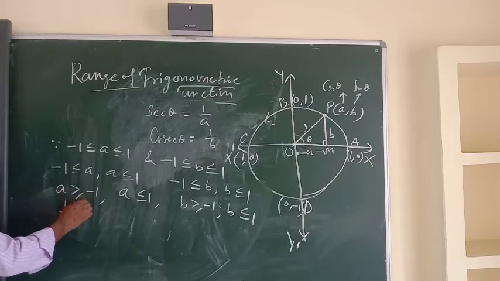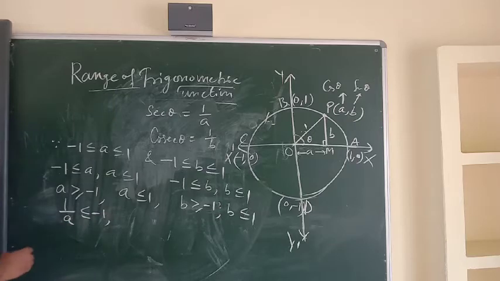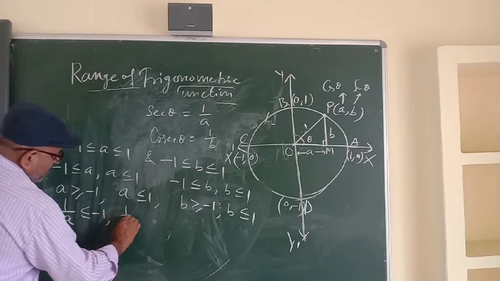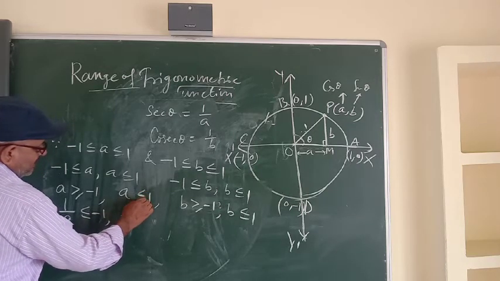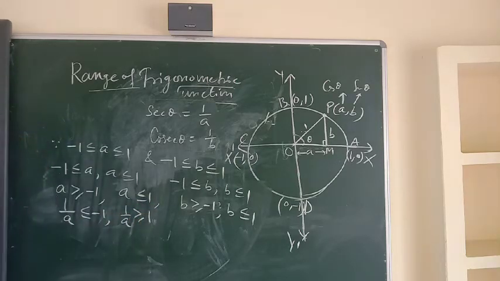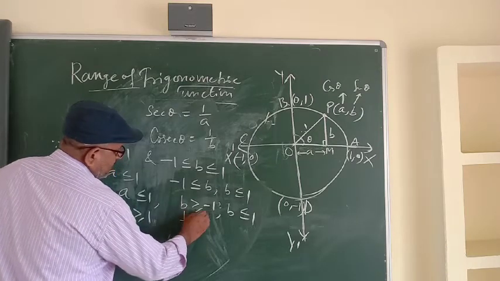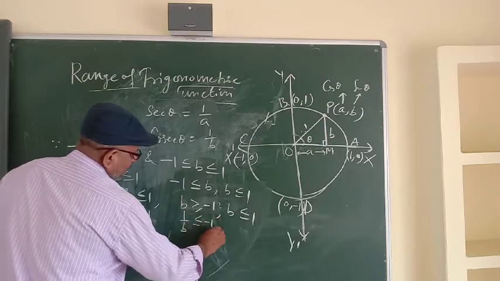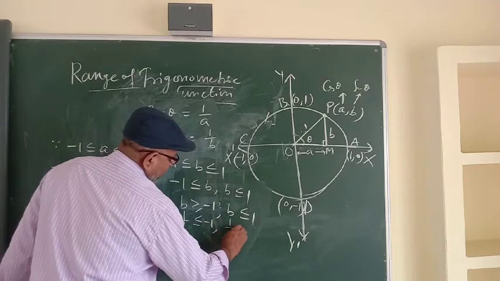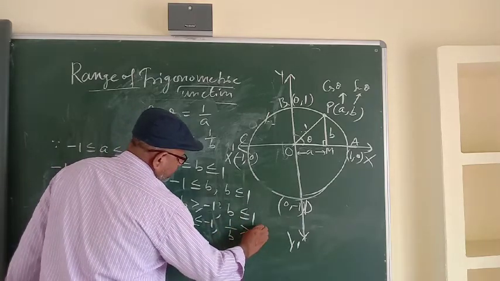So greater than or equal to becomes 1 by A less than or equal to -1. And for A less than or equal to 1, it will become 1 by A greater than or equal to 1. Similarly here, 1 by B is less than or equal to -1, and 1 by B is greater than or equal to 1.